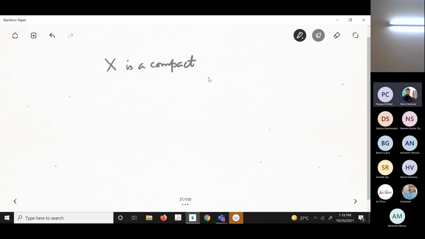You will be doing a course in PDE, I think, in the third semester. So for a compact metric space, C(X) will be the same as CB(X), so that you have got a complete metric space.